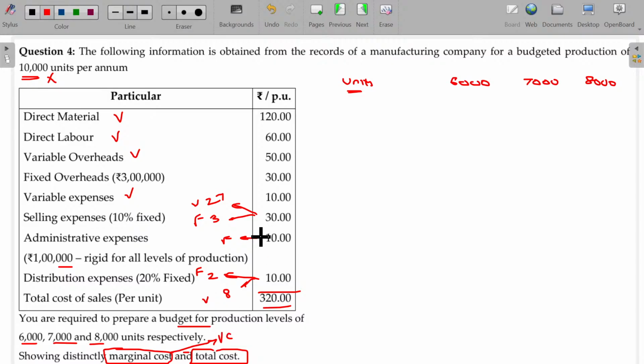So just pick the marginal cost first of all. What are they?